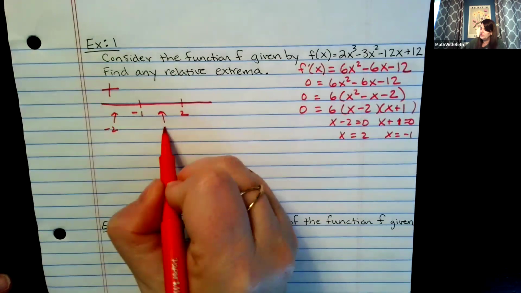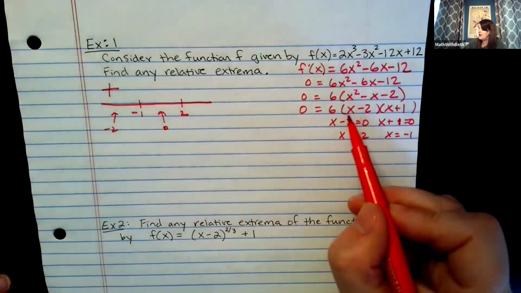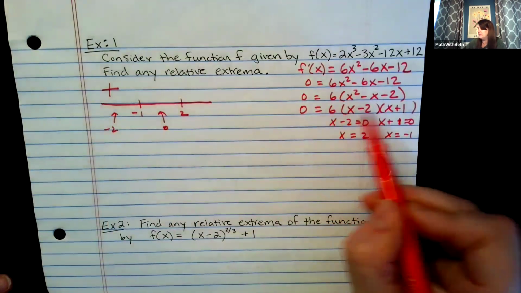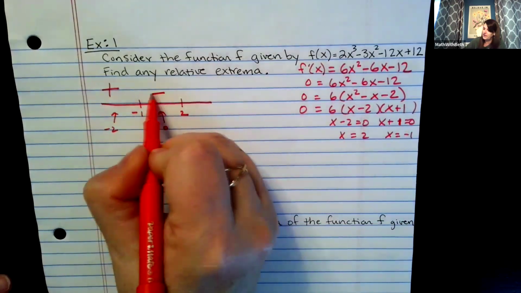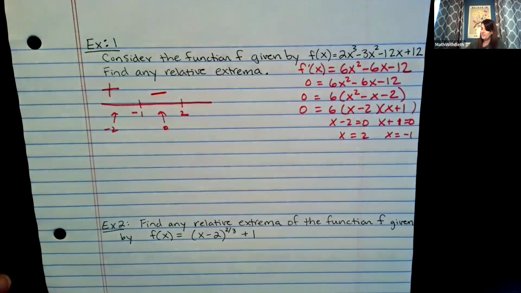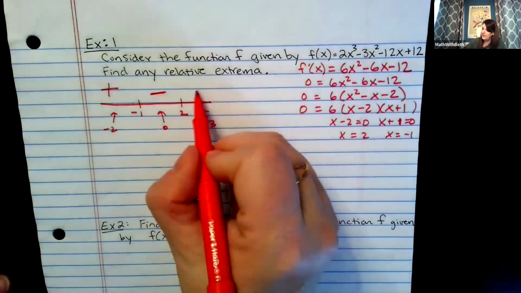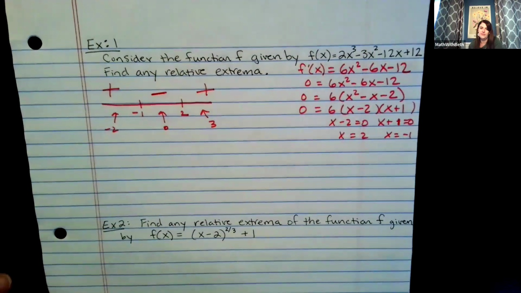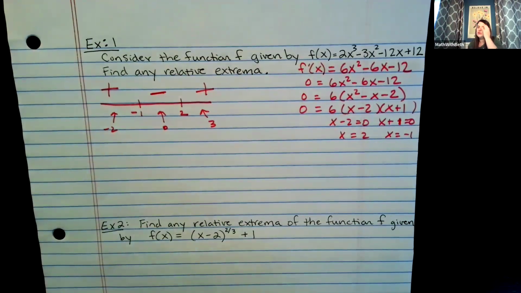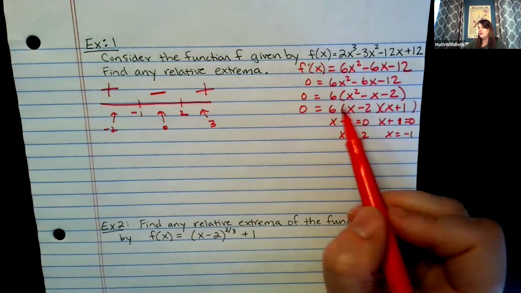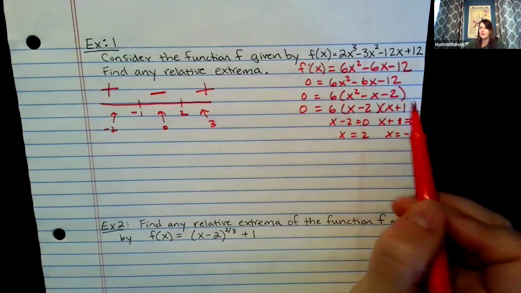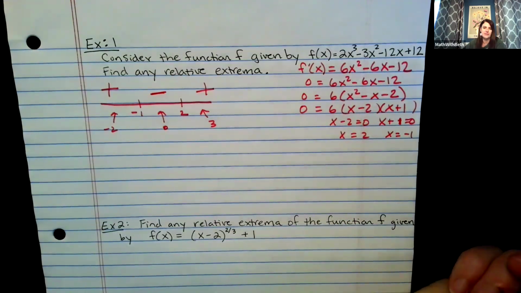In the middle, I'm going to choose 0. So if I plug in 0, I can see I'll have 6 times -2 times 1. So that will be a negative. And over here, if I pick something like 3, I will get a positive. So I'm doing a shortcut by just kind of thinking about the overall signs, but you don't have to do that. You can pick up your calculator and plug it into all the x's and see what you get.